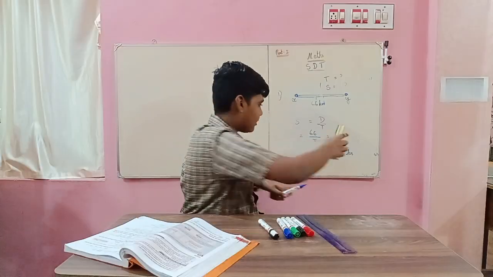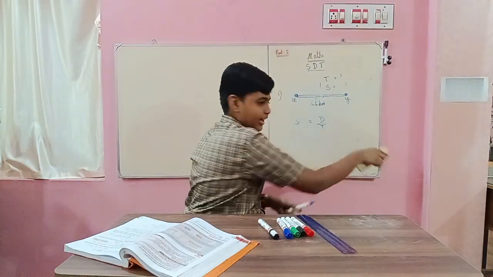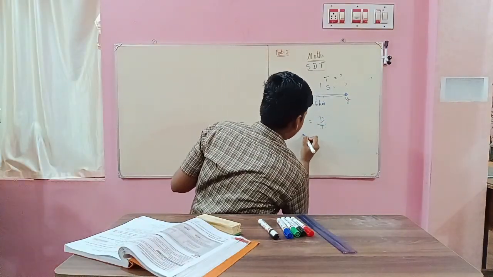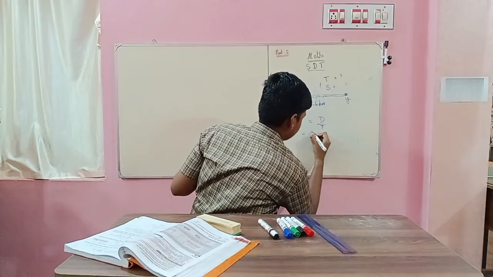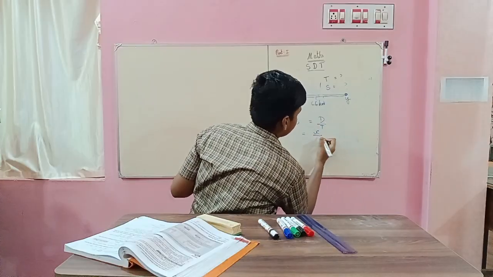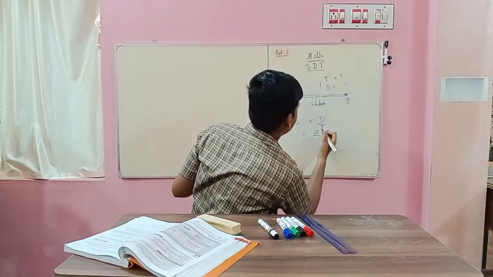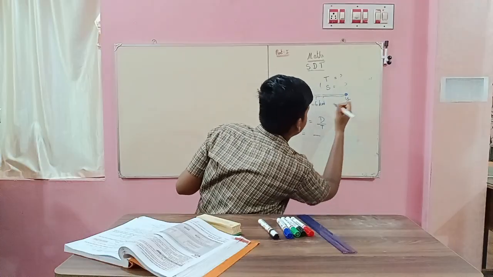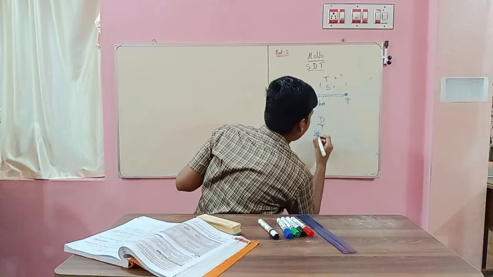But here I am going to teach you a shortcut. Don't consider this step and don't take this d. Simply write x. X by what's d they gave, right? D they gave 66 by x.